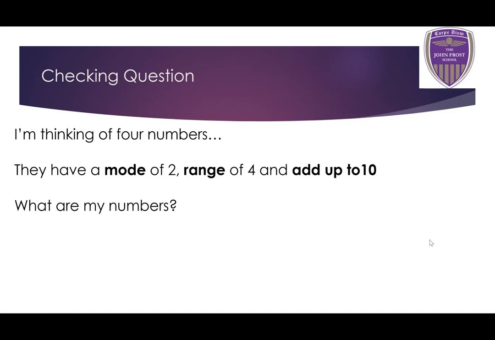Okay, so because they have a mode of 2, I know that 2 is the most common number. And remember, there's only 4 numbers I can have. And if 2 is the mode, that must mean that 2 appears twice. If it has a range of 4, that means the biggest take away the smallest has to equal 4.